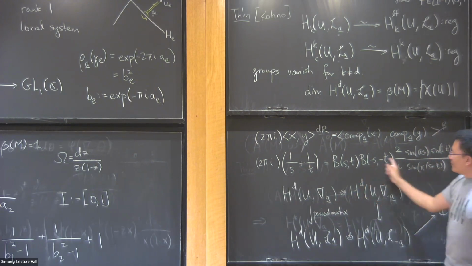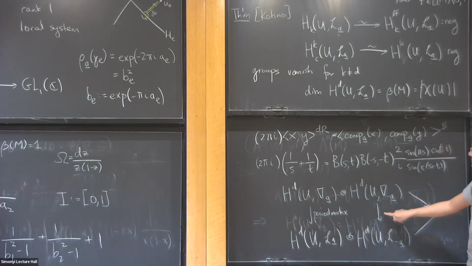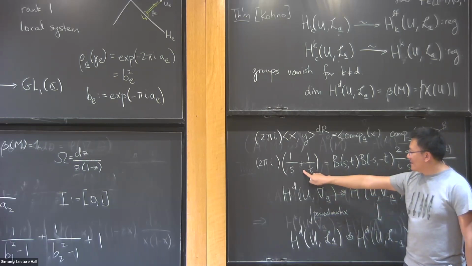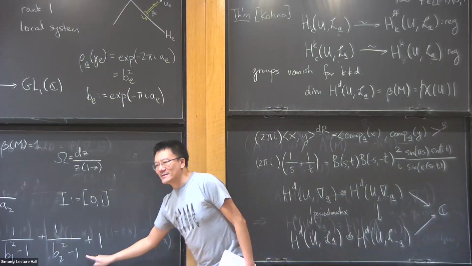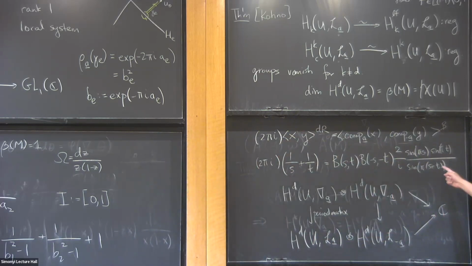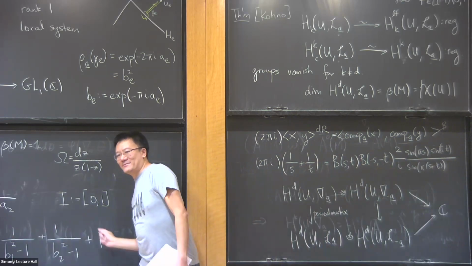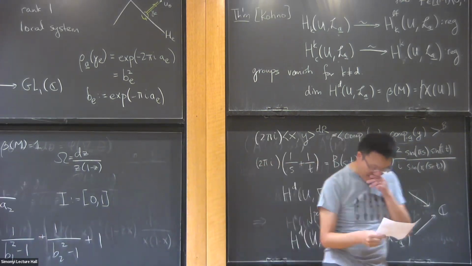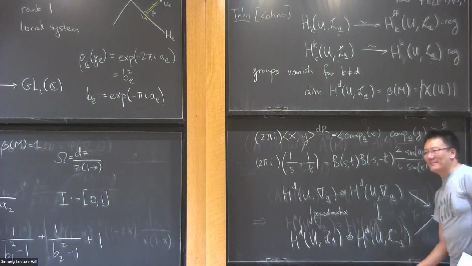This beta function is the entry in this matrix, and this number is the inverse of this. This weird trig thing with the 2 pi i is actually 1 over this expression. Okay, I'll stop here.